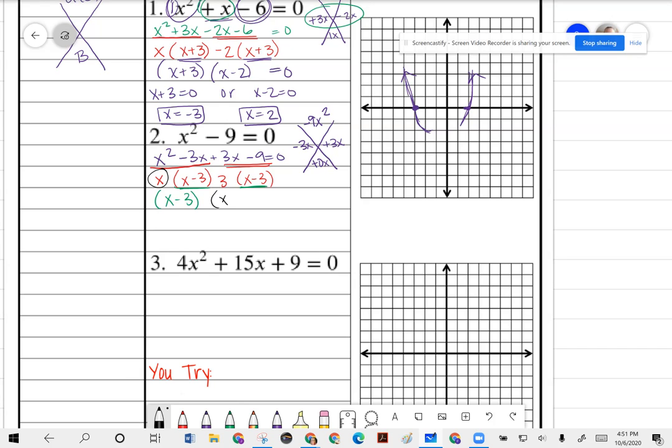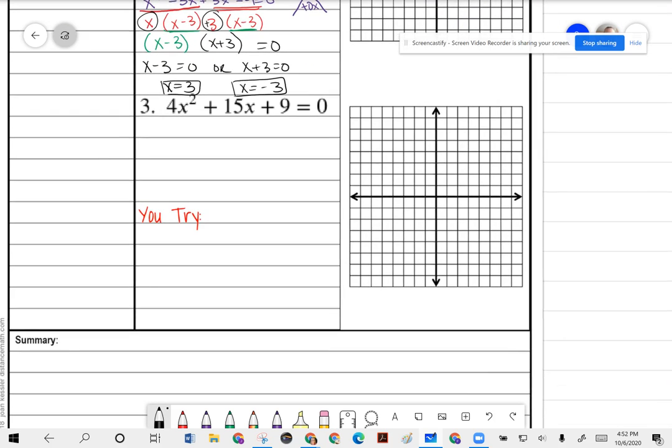So I have an x, and this really was a +3, so we want to make sure that we pull a plus or a minus sign in front of that. And so from here, you would set each factor equal to 0 and solve. So we would get x is equal to 3 or x is equal to -3.